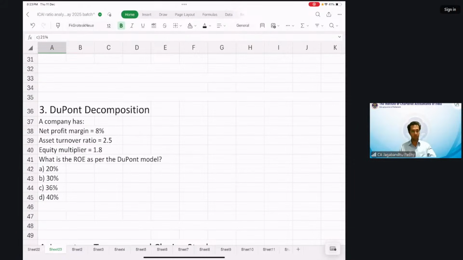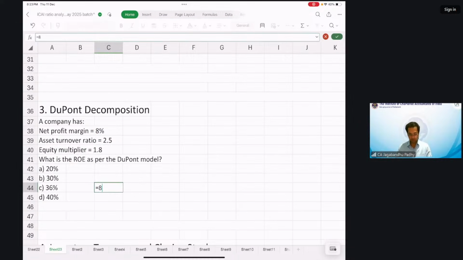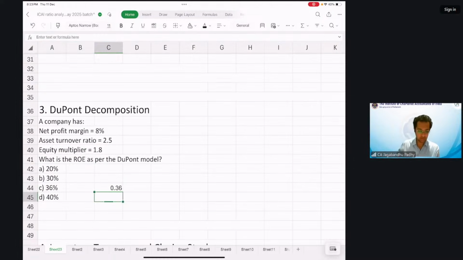It's simply going to be net profit margin of 8% multiplied by 2.5 times of turnover and 1.8 being the equity multiplier, right? So it should be 8% into 2.5 into 1.8. So that's 36%, guys, right? So option C is the accurate one.